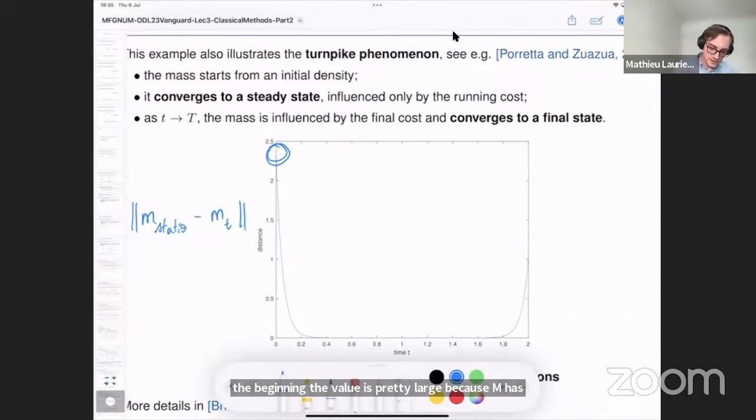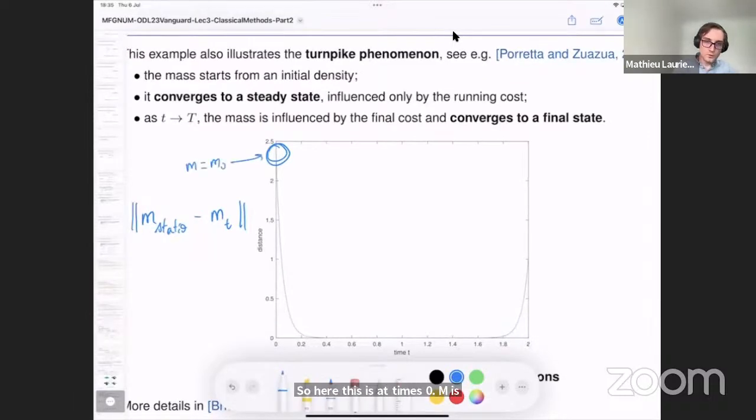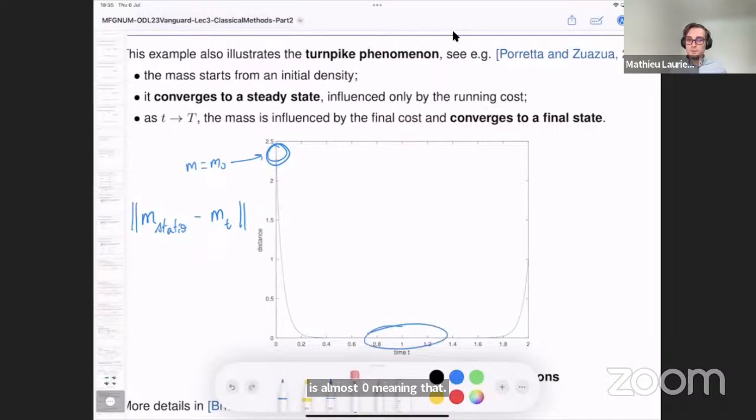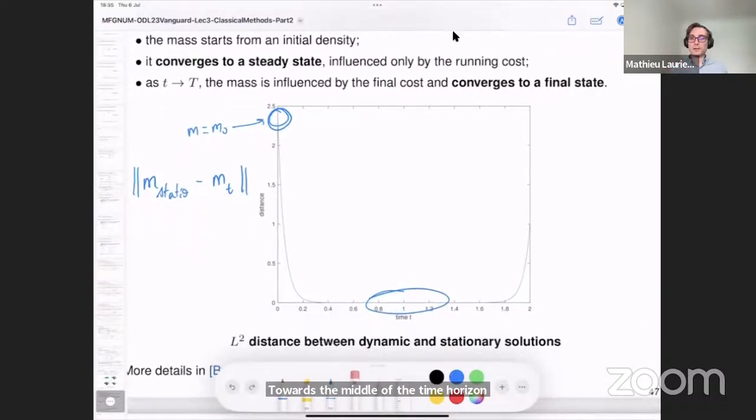So at time 0, m is equal to m0. You have no choice, and it's different from the stationary m. But as time goes by, the distance decreases, and here it's almost 0, meaning that towards the middle of the time interval, the solution is basically stationary.